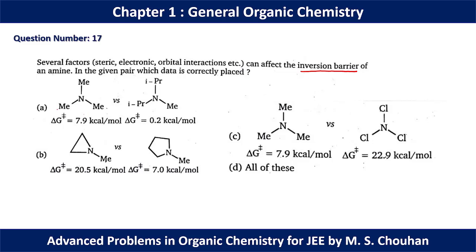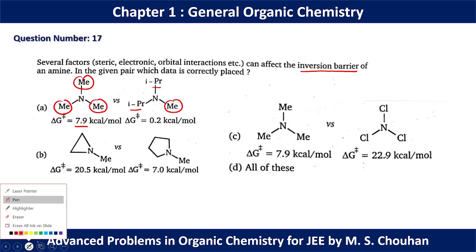If we place 3 methyls in the same group, it can show higher steric hindrance compared to 2 isopropyl and 1 methyl, because isopropyl has 1 hydrogen which can be placed such that the steric hindrance is minimized. So in option A, the initial molecule has the higher delta G dagger value, that is correct.